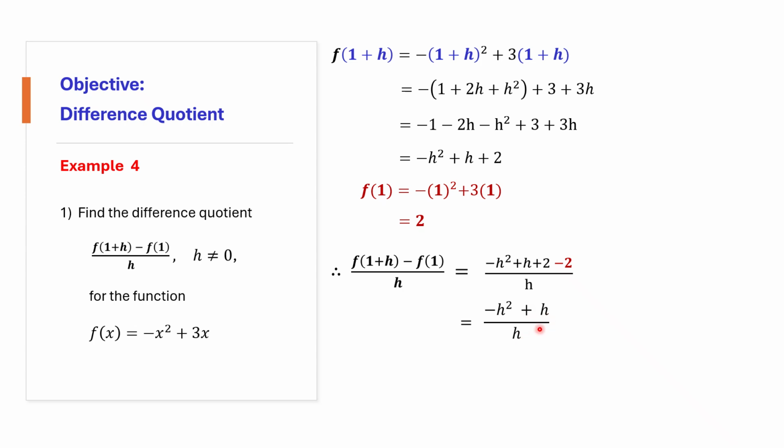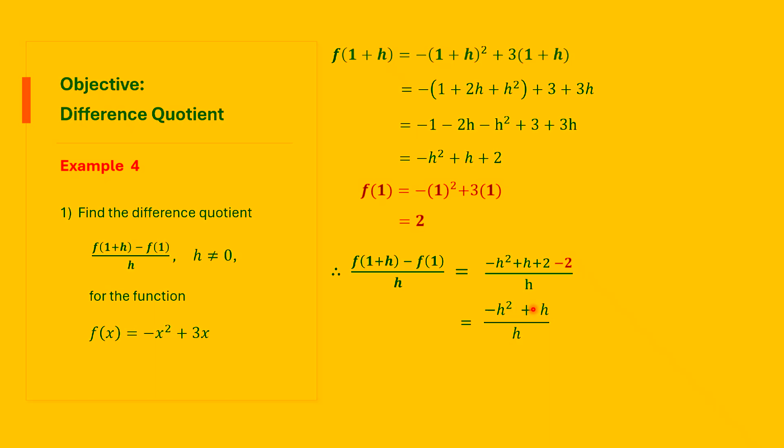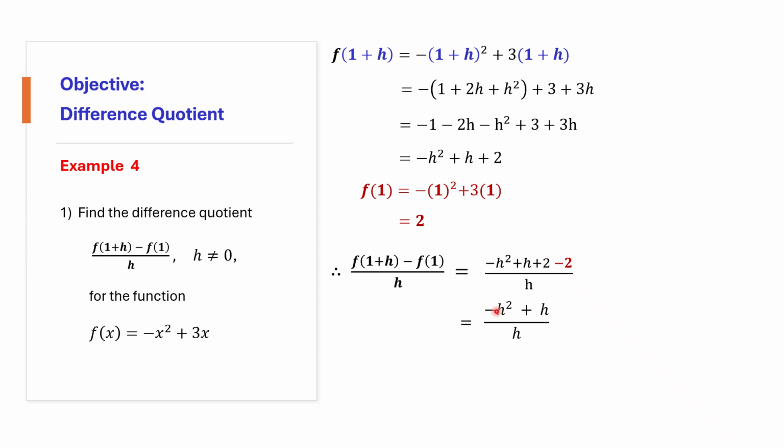So what you will do first is to write the numerator as a product, or multiplication, by factoring out the h. If you factor out h there, it's h multiplied by negative h plus 1, and this time you can cancel this h. But take note, the given includes h is not equal to 0, so you can cancel this h.